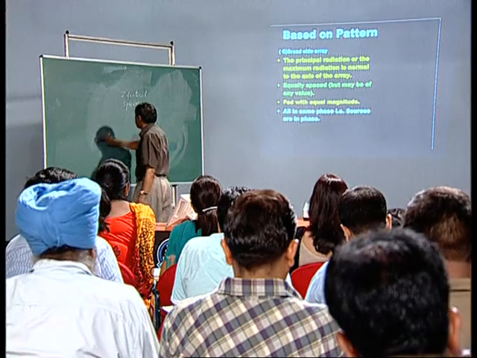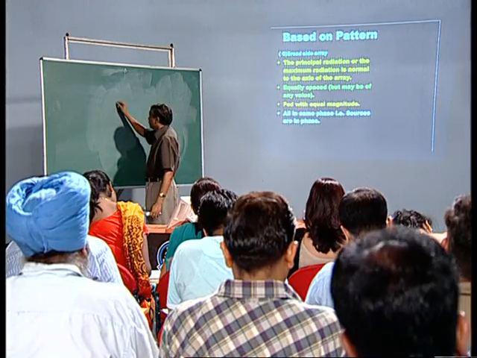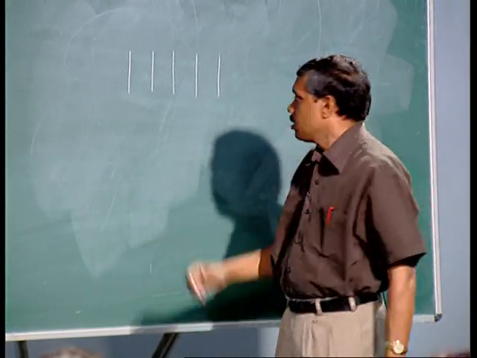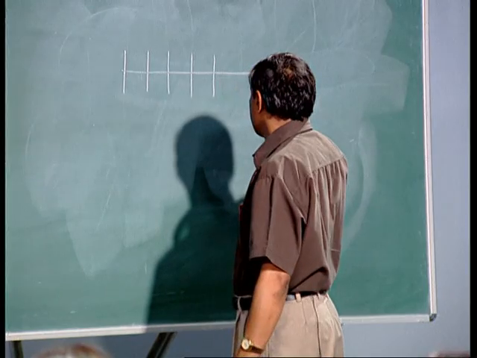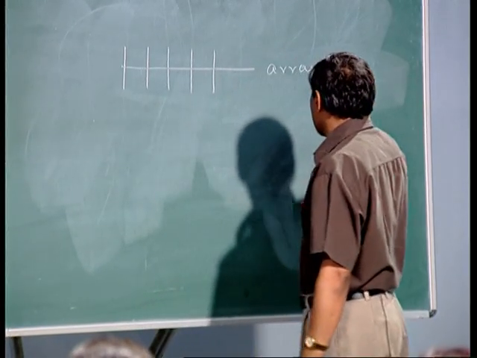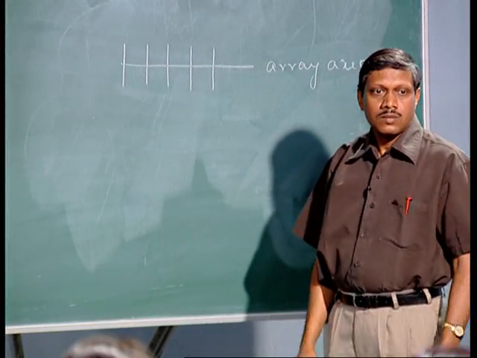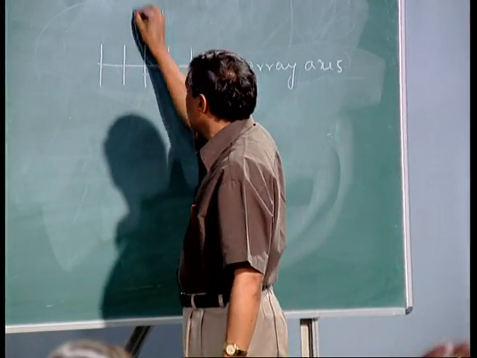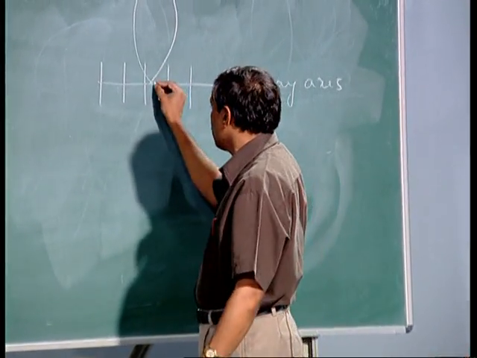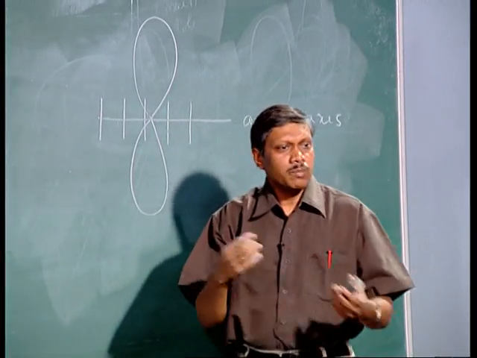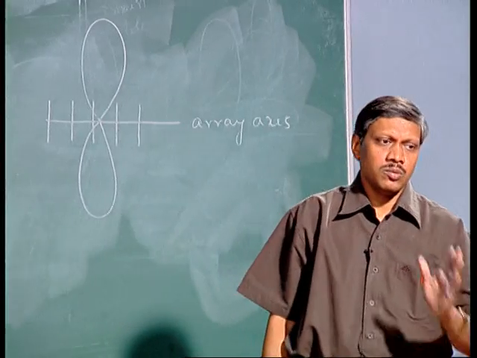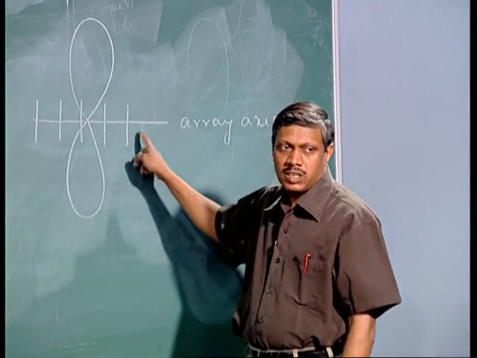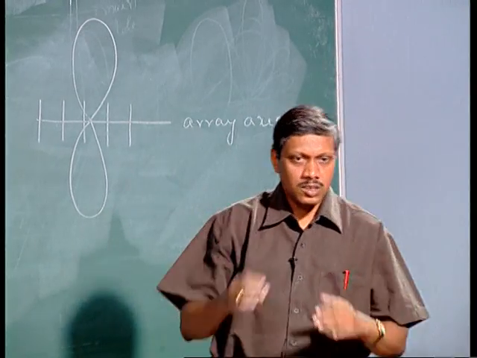For example, if you have the elements placed like this, this is the array axis. If the radiation takes place in a direction perpendicular to the array axis, in this direction or in this direction, it may be bidirectional, it may be unidirectional, but the direction should be perpendicular to the array axis, then this type of antenna array is named a broadside antenna array.